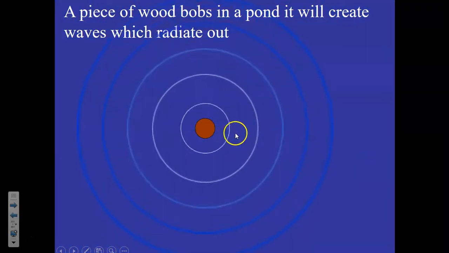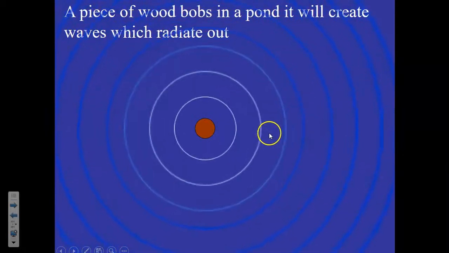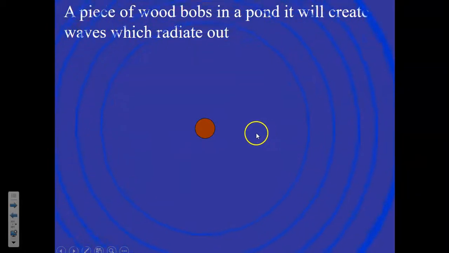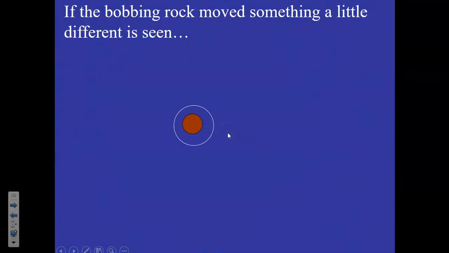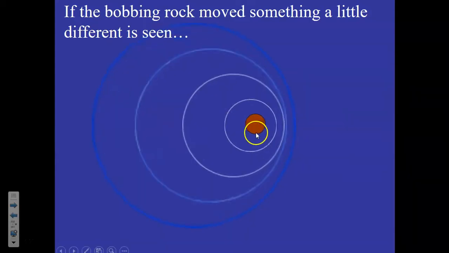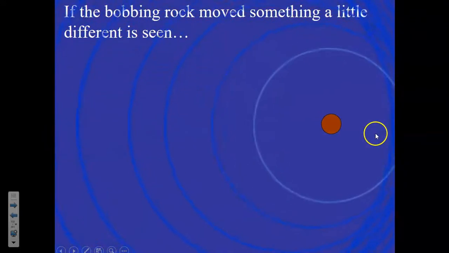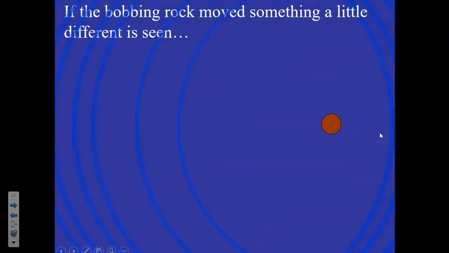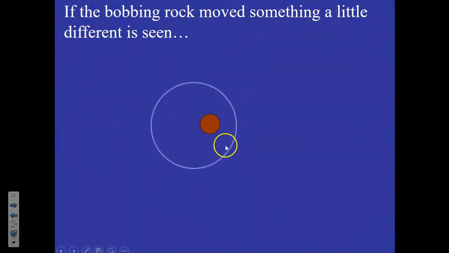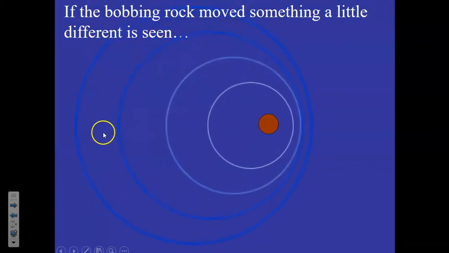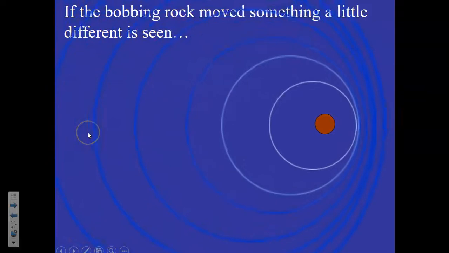You see something different when it is moving to one side or the other. If the log is moved as it's bobbing, say you're pulling it with a string, you're going to see that those waves get bunched up on the side that the log is moving towards, and they get spread out on the side that the log is moving away from.